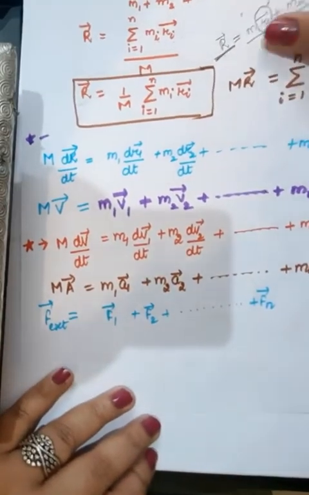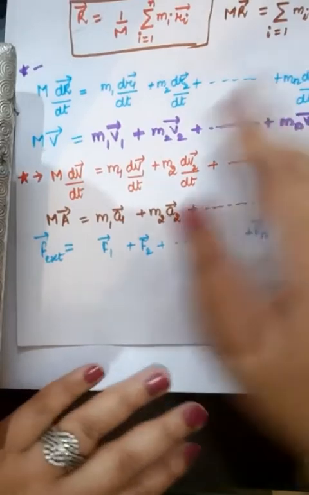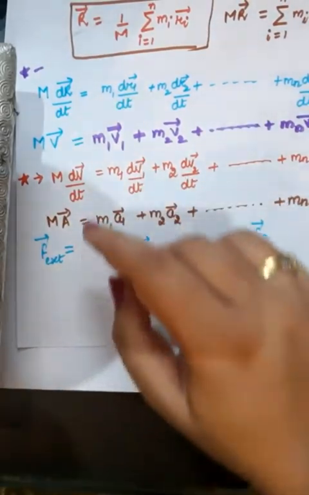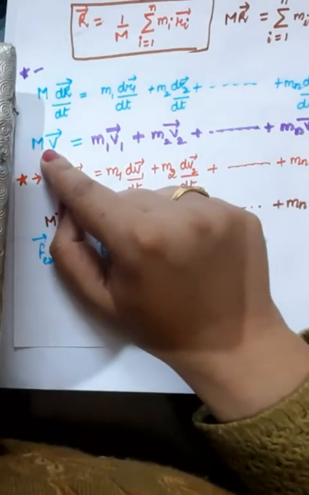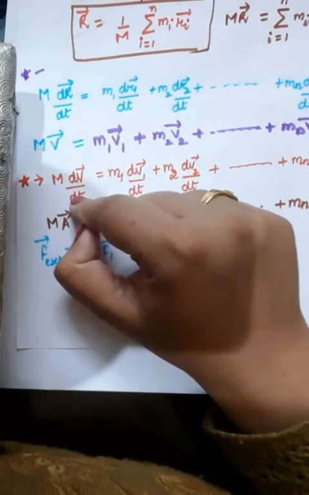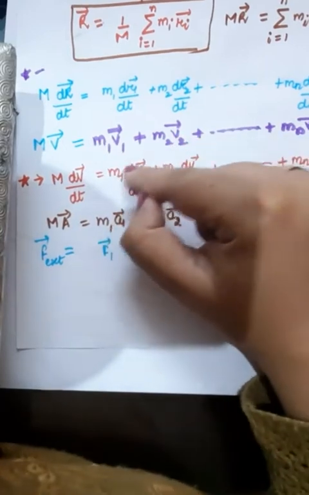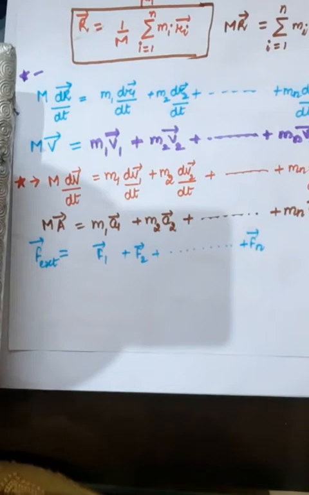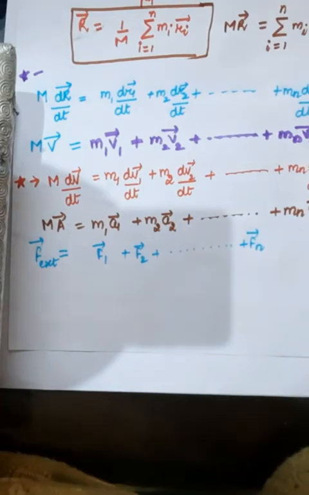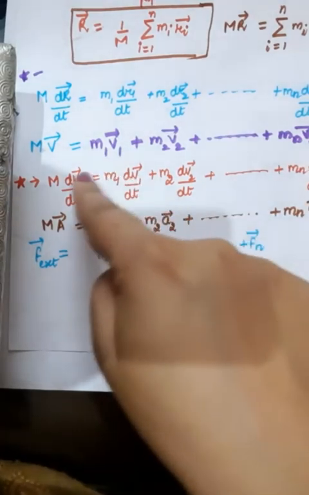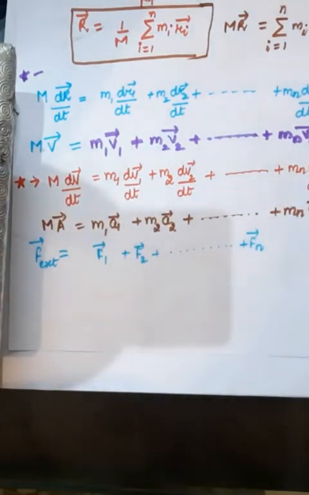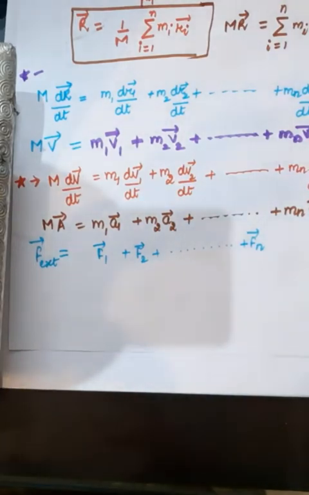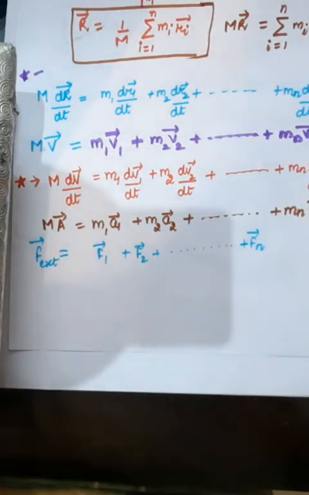So if you decide to differentiate this equation yet another time, then this will be M as it is dV vector by dt equals m1 dv1 by dt plus m2 dv2 by dt, and this goes on till the nth particle. This equation that you have got by differentiating again calls for a very important expression in physics.